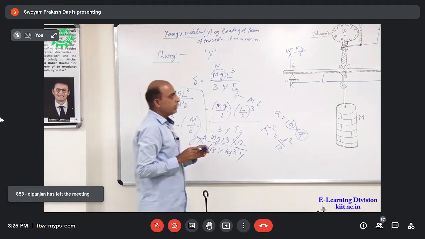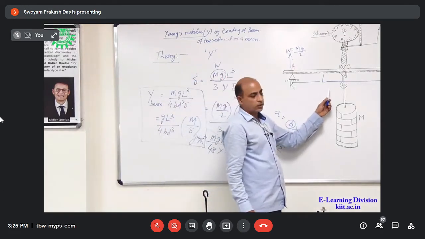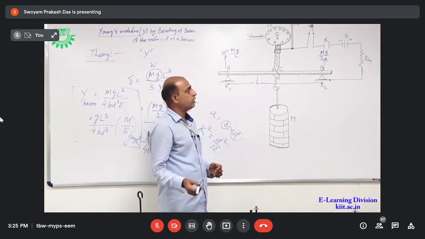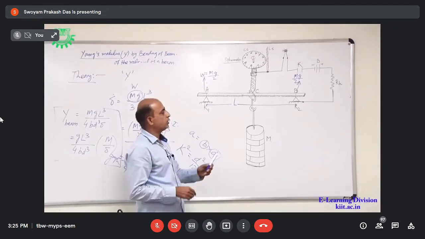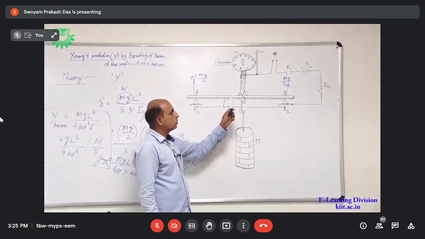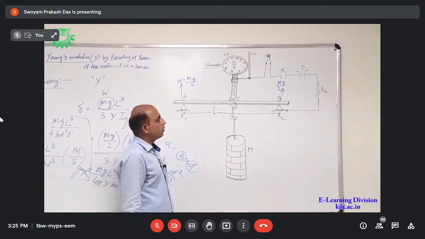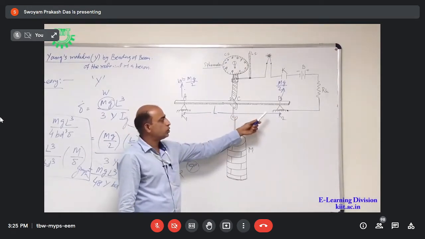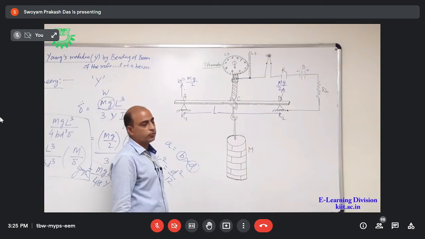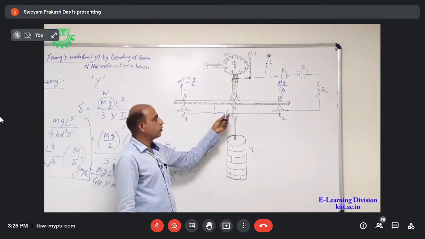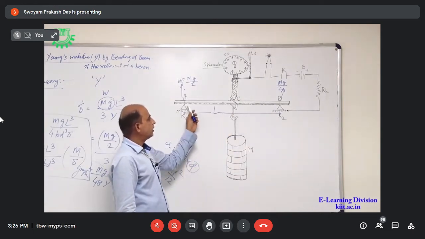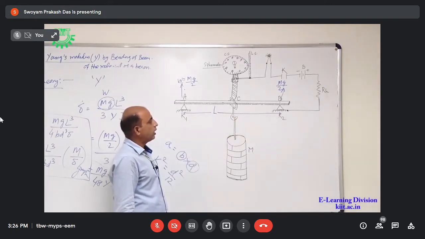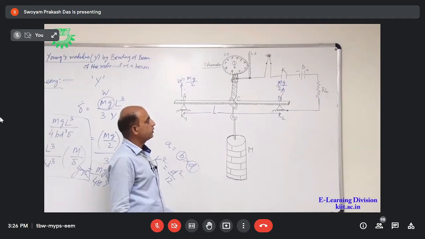So here in the diagram, before we go to the experiment, whatever arrangement is set up here is depicted on the whiteboard to understand more clearly. This is a beam of length 1 meter, uniform area of cross section, and it is kept symmetrically and made horizontal.